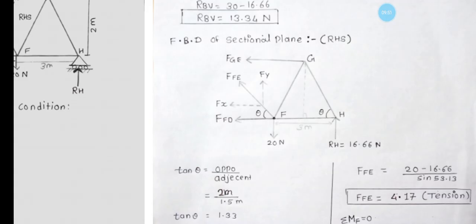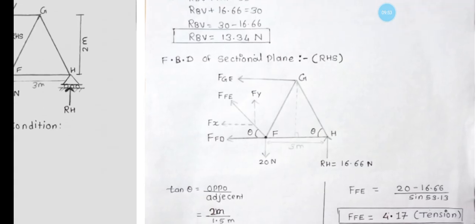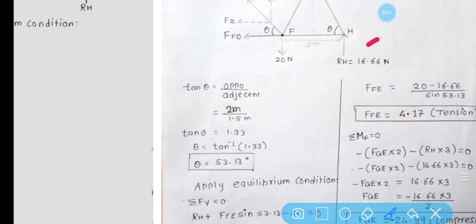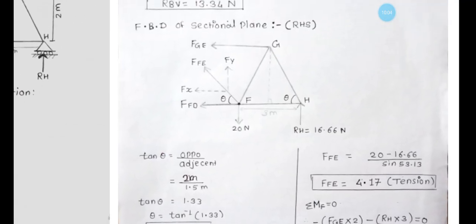in which we can calculate theta by the formula tan theta is equal to opposite upon adjacent.